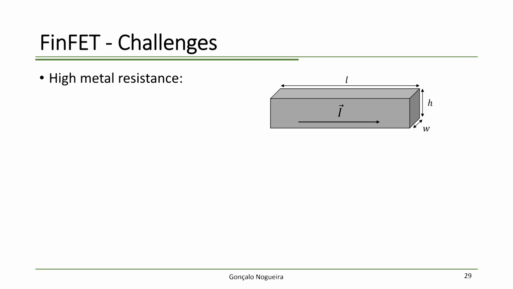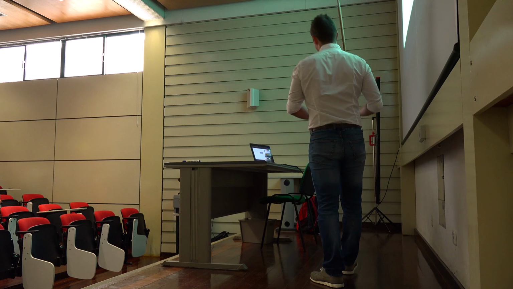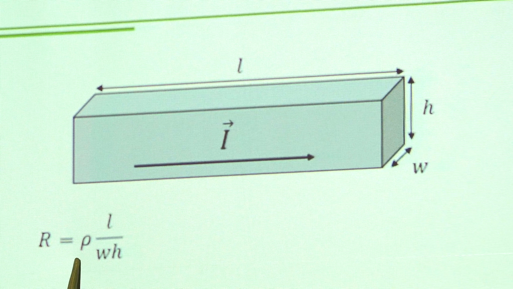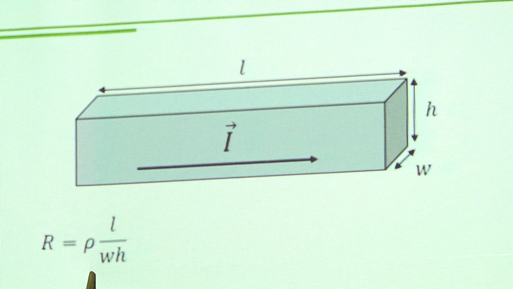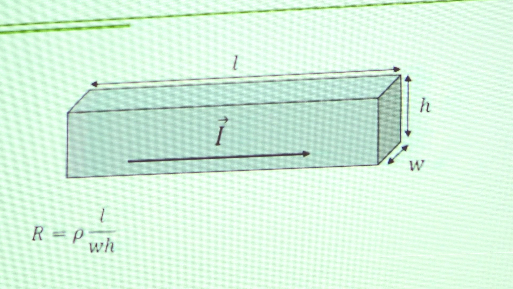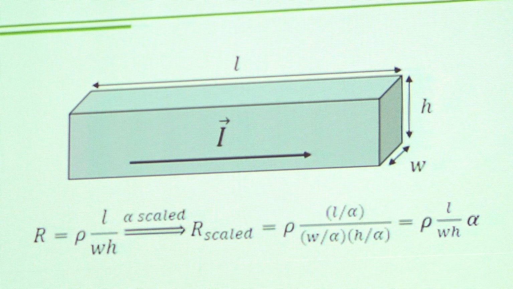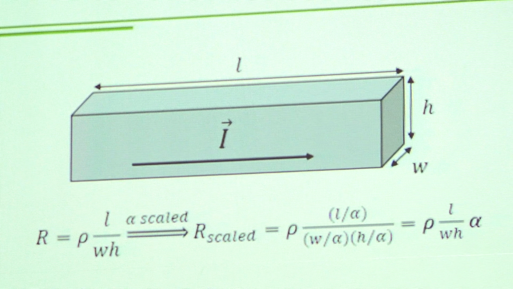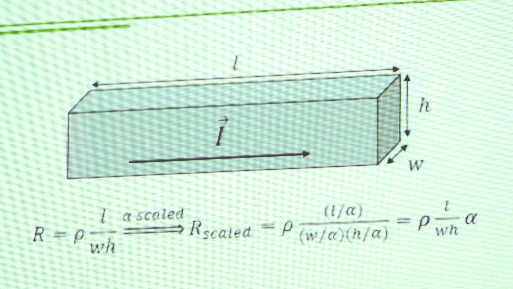Have you forgotten it? So the formula is the resistivity times the length divided by the width and the height of the metal. But scaling increases the resistance of the metals, of the metal lines.